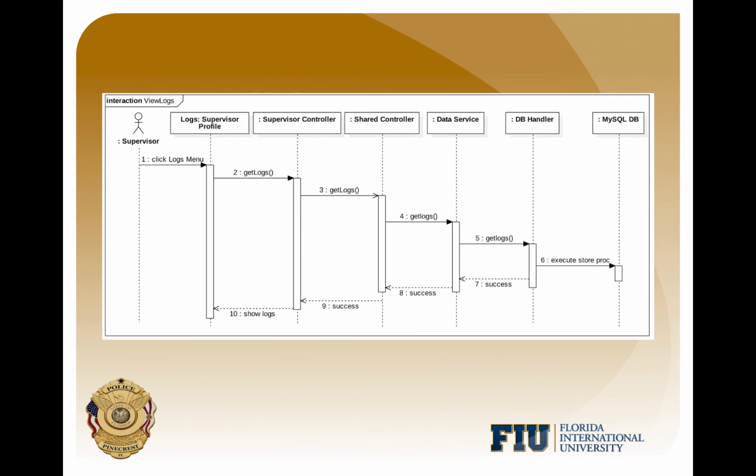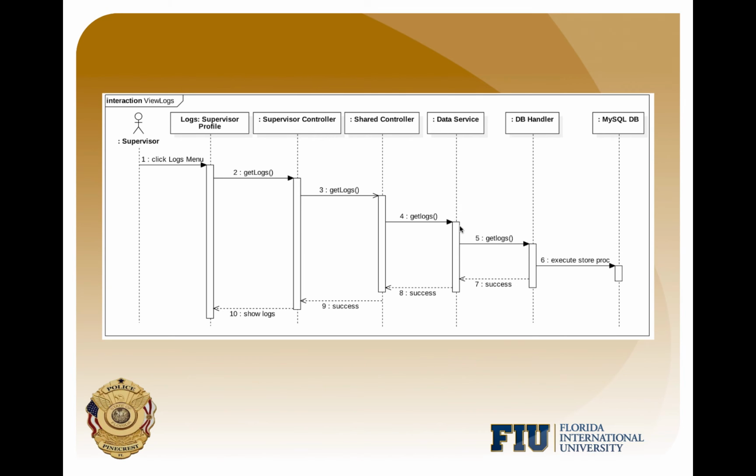The sequence diagram for this user story starts with the supervisor clicking the logs menu under the supervisor profile. It sends a get logs request to the supervisor controller that goes through the share controller, because not only the supervisor can do it, the administrator can also do it.